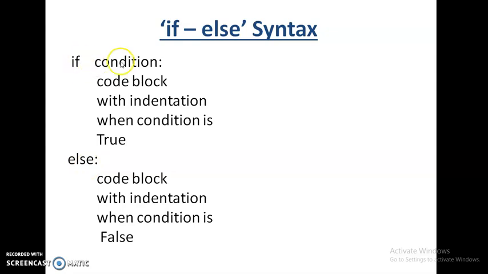Means if the condition is true, the code block of if will be executed and the else code block will be skipped, and after the execution of this code block, the control of execution will go to the next lines of the program by skipping else. And if the condition is false, the code block of if is skipped and the code block of else will be executed, and the control of execution will go to the next lines of the program.